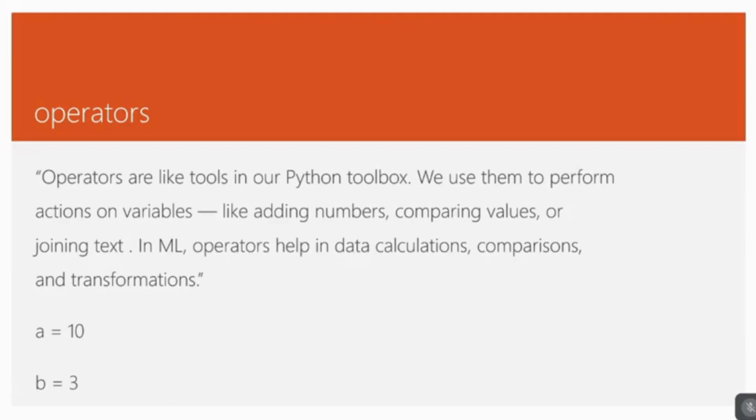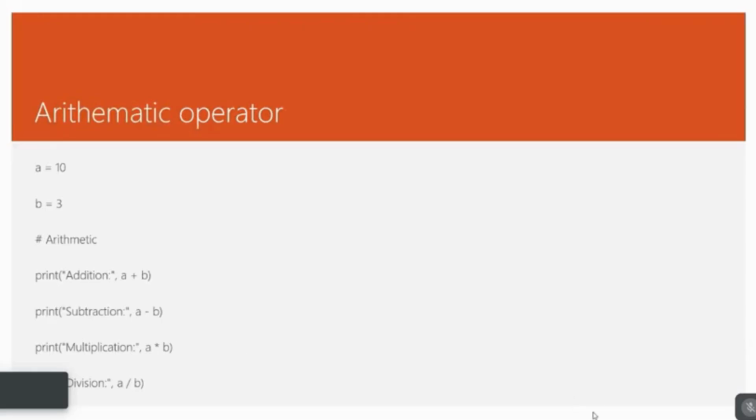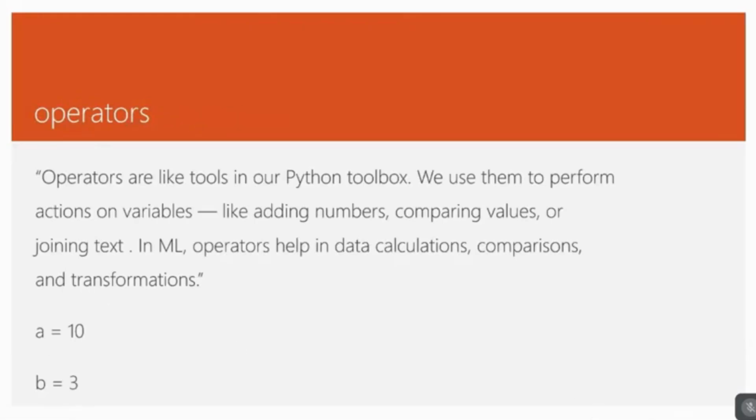Consider that we have these two variables, variable name A and variable name B. Variable name A stores value 10, variable name B stores value 3. So what can operators actually do?